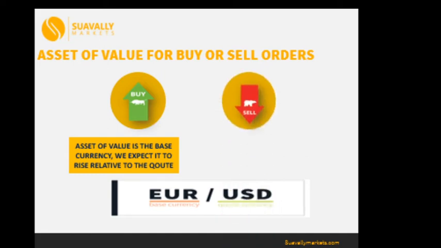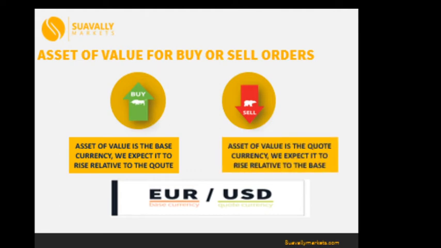What happens when we sell though? When we sell, remember we explained that essentially we are buying the quote currency. In the sell example, we're actually buying the USD using the base currency, which is the euro. If we sell, we're actually buying the USD, which is the quote currency, using the euro, which is the base currency.